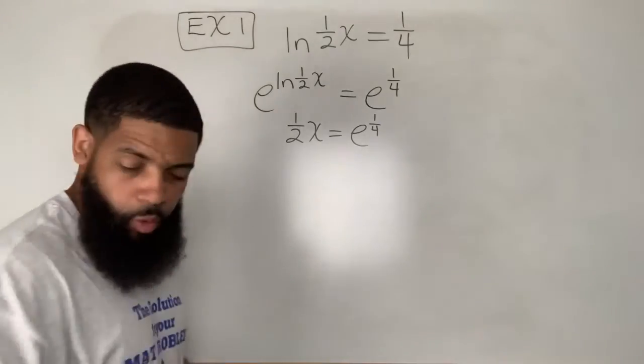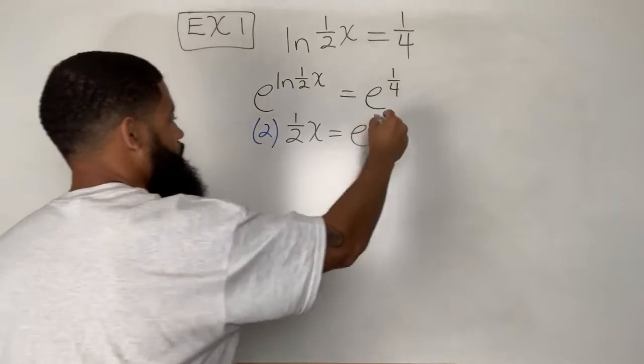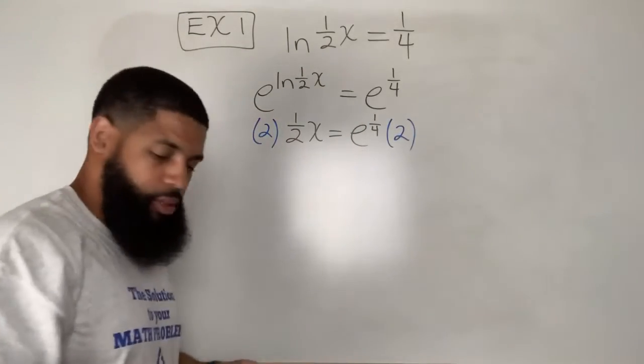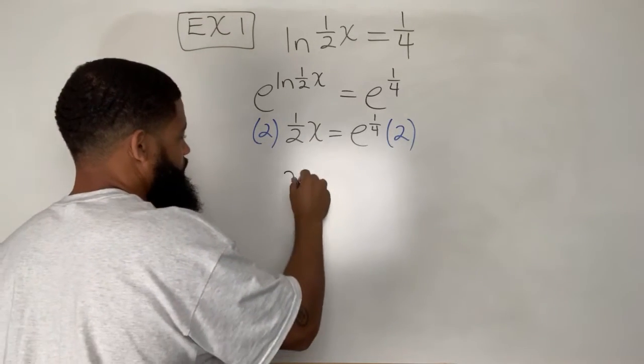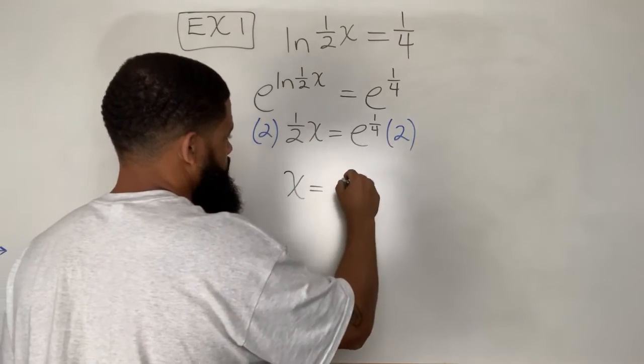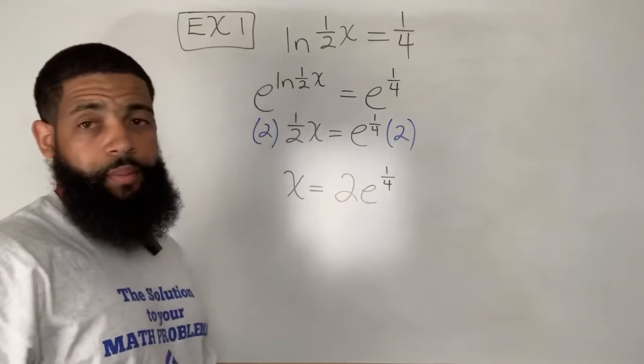I'll show you in a different color so you can see it. I multiply by 2 there, multiply by 2 there, and that leaves me with x is equal to 2e to the 1/4 power.